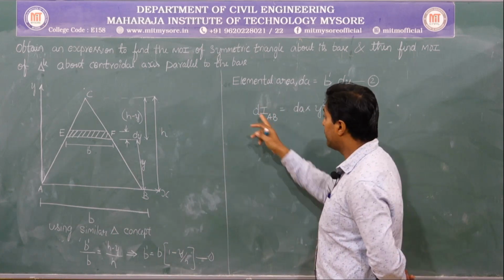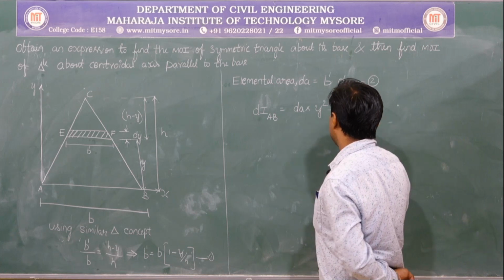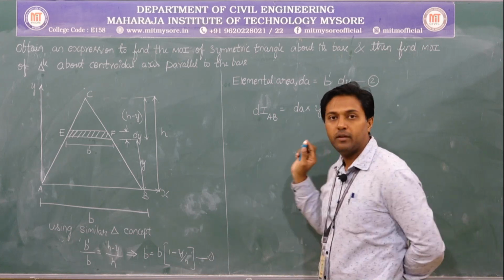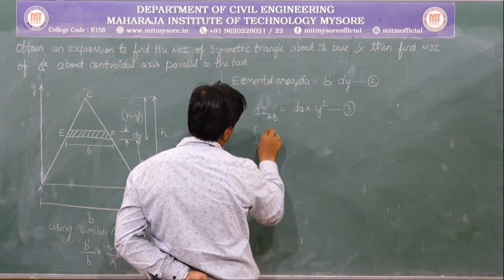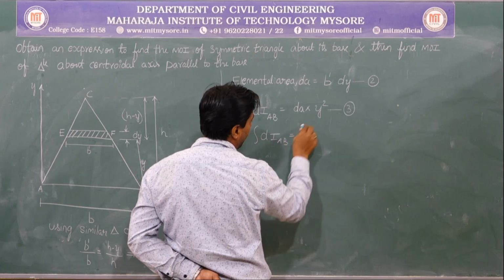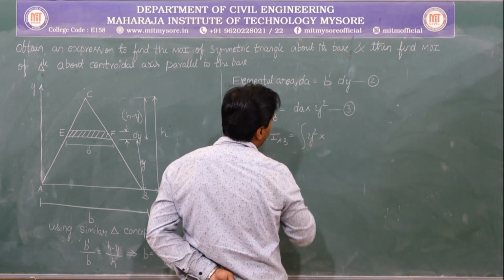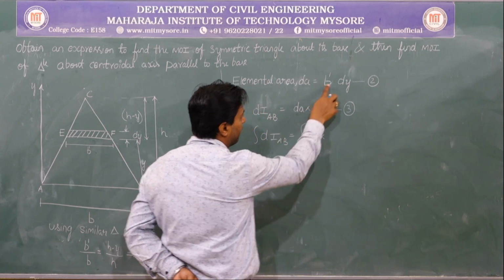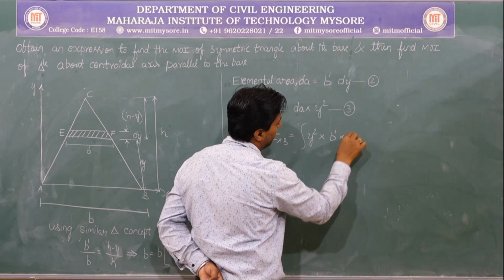Now, the moment of inertia for the entire diagram is obtained by integrating equation 3. Will you people accept that? So now integral of dI_AB is equal to integral of y square into dA. Instead of dA, what I will be writing? It is b dash into dy.